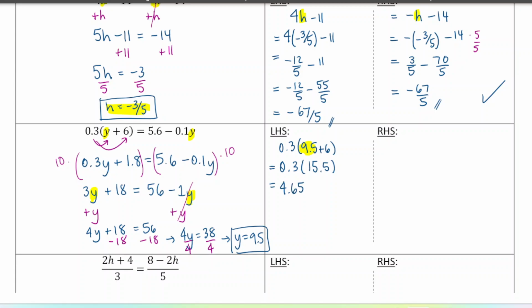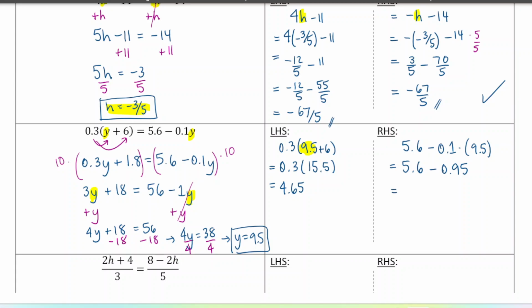I just used a calculator for that to go quickly. Okay, and then the right-hand side, I have 5.6 minus 0.1 times 9.5. So 0.1 times 9.5 is just going to be 0.95.